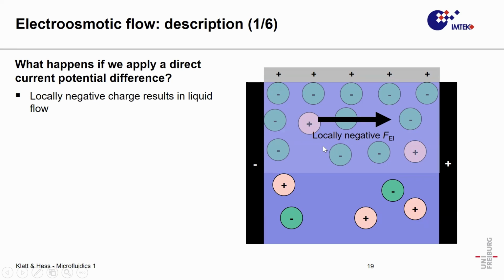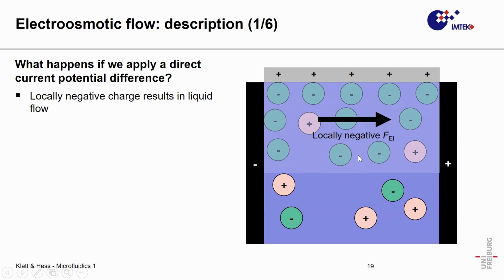By now you should have an understanding of fluidics and the forces that are involved. So if the outer layer is moving slowly in the direction of the positive electrode, there will be friction between the different layers, and the friction will result in the next layer moving in the same direction.